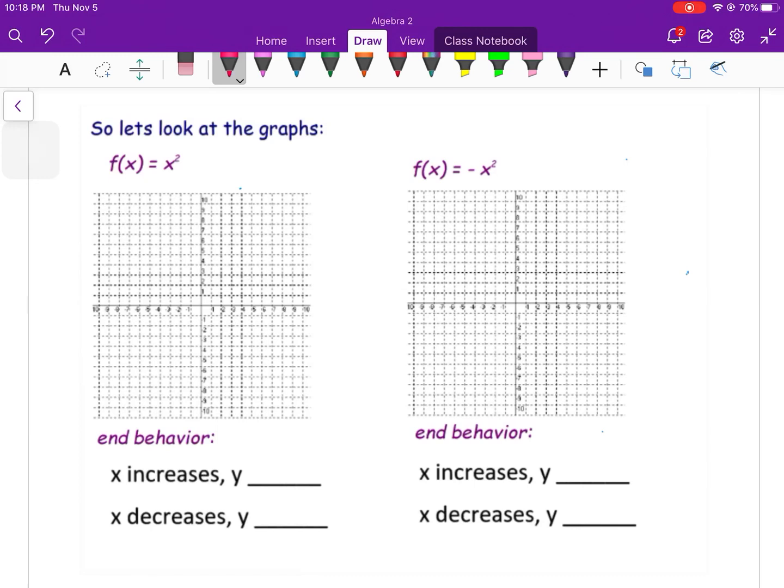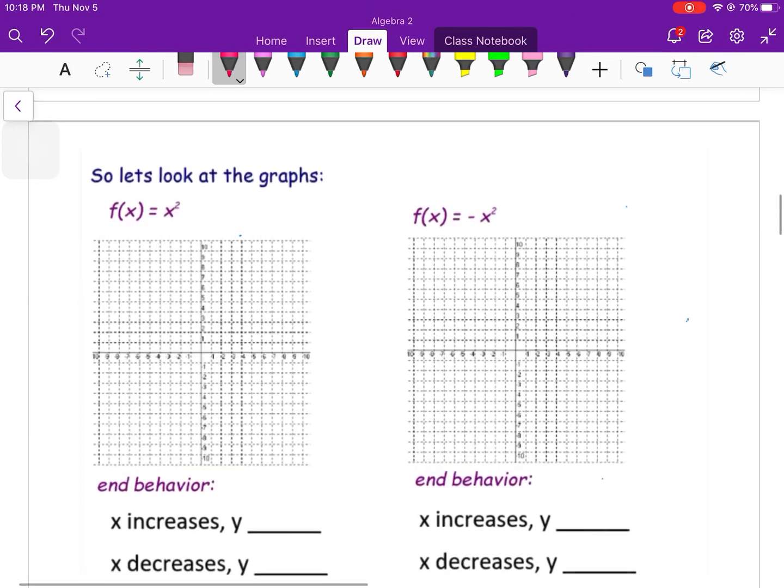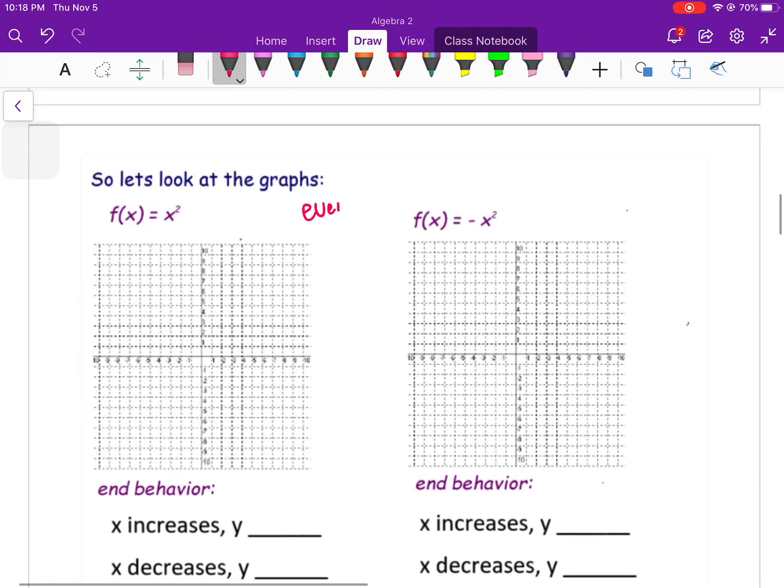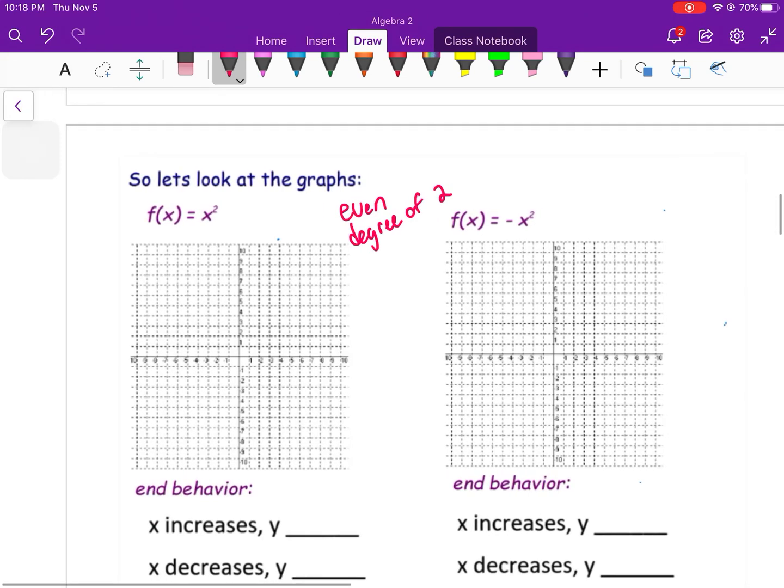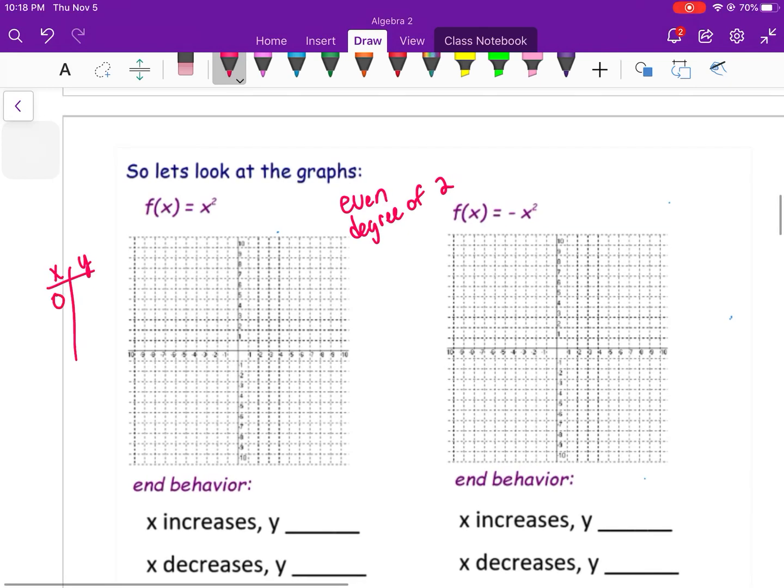So let's look at these ones. These are y equals x squared and y equals negative x squared. These are both even functions because the exponent is degree 2. Y equals x squared. If you think about just a standard table, remember the parent function 0, 1, 2, 3 is 0, 1, 4, 9.